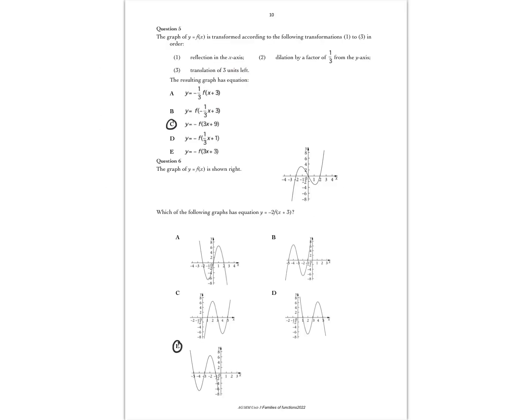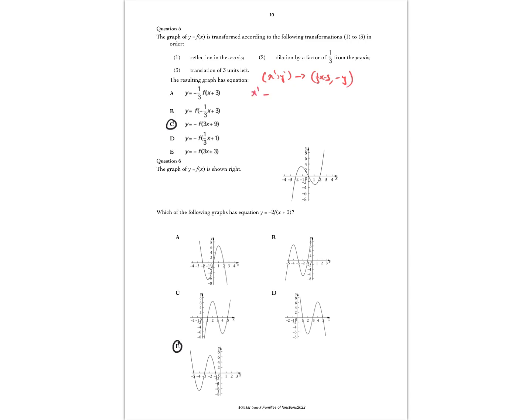All right, so let's sort out the transformations. x dash, y dash becomes: reflection in the x-axis, so that becomes negative y. Dilate by a factor of a third from the y-axis, so that's 1/3 x. Translate 3 units left is subtract 3.